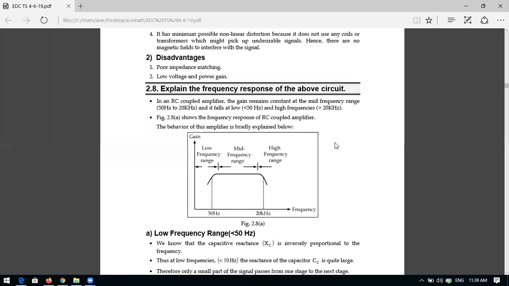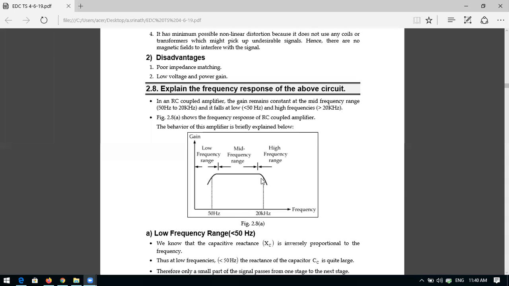Between 50 Hz and 20 kHz it maintains constant gain. You should operate this two-stage RC coupled amplifier only in the mid range of frequencies.